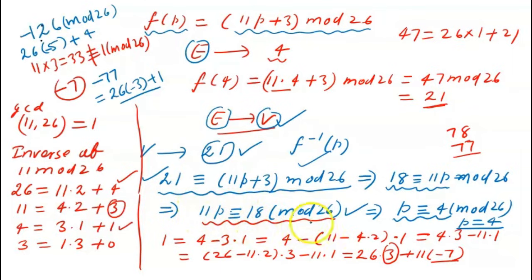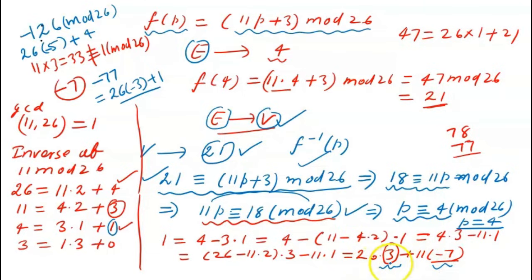And solving this linear congruence I have discussed in great detail in one of the previous videos, but here also I have narrated the whole story, that first I have to find the inverse of 11 modulo 26. So to find the inverse, we have used the Euclidean algorithm, and then we have written the greatest common divisor, that is 1, as a linear combination using the Bezout coefficients. So the Bezout coefficients we have received are -3 and 3 and -7.